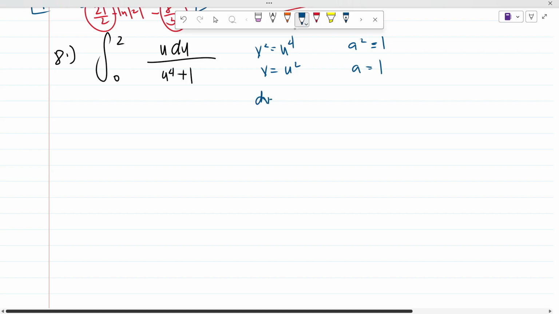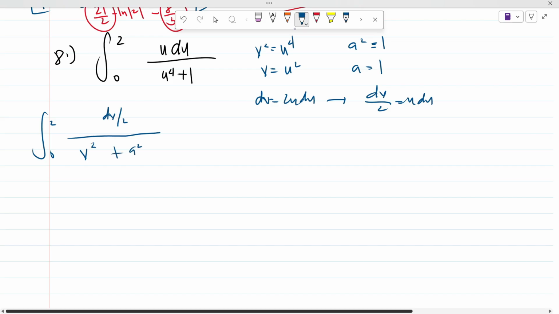So, the dv is equals to 2u du. Gets pa, guys? So, next is that dv all over 2 is equals to u du. 2, 0. u du is equals to dv all over 2. U raised to 4, pwede natin denote yan as what? V squared, diba? V squared plus a squared. Gets?